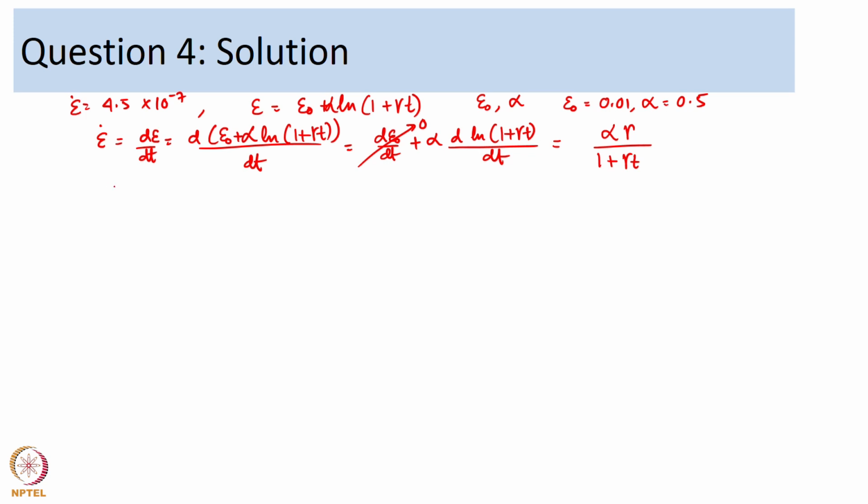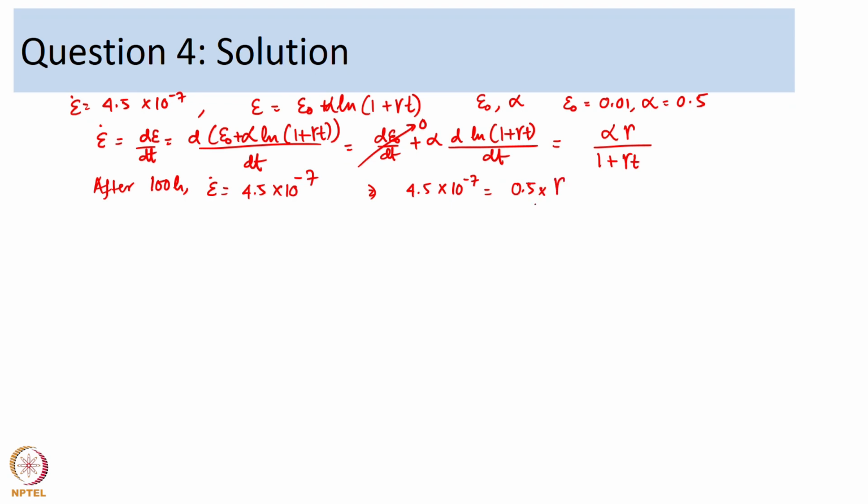Now, the strain rate of deformation after 100 hours is epsilon dot equal to 4.5 into 10 to the power minus 7. So, this implies 4.5 into 10 to the power minus 7 is equal to 0.5, that is the value of alpha, into gamma.